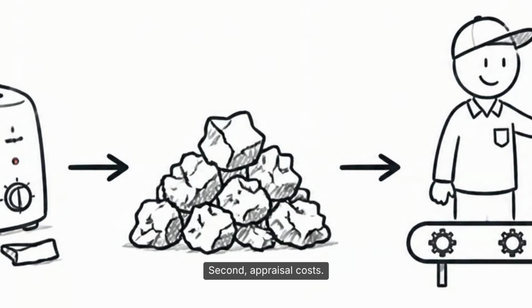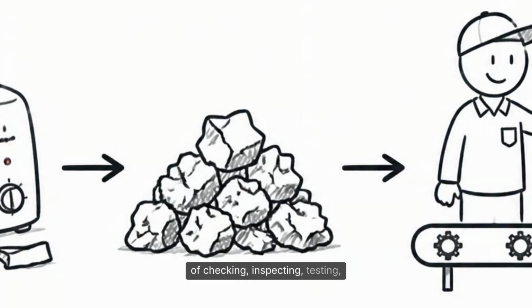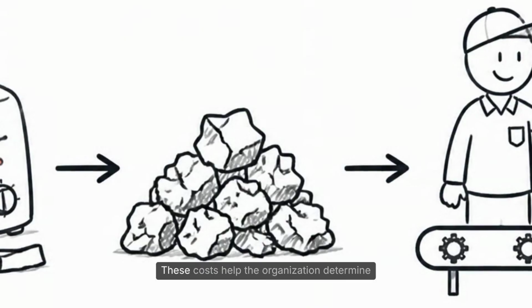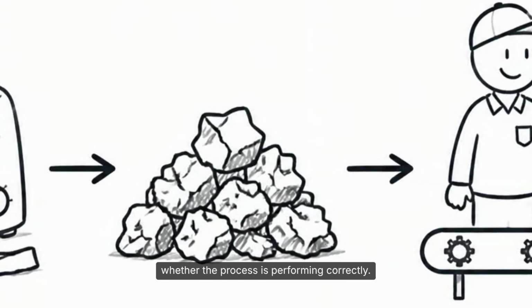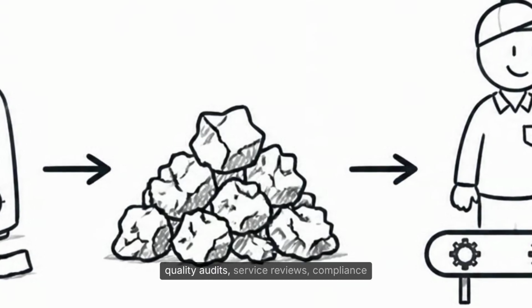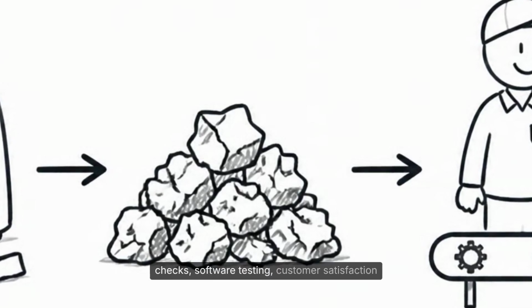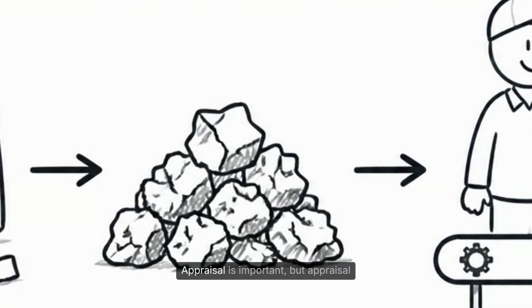Second, appraisal costs. Appraisal costs are the cost of checking, inspecting, testing, auditing, or measuring quality. These costs help the organization determine whether the process is performing correctly. Examples include product inspections, quality audits, service reviews, compliance checks, software testing, customer satisfaction surveys, and performance monitoring.